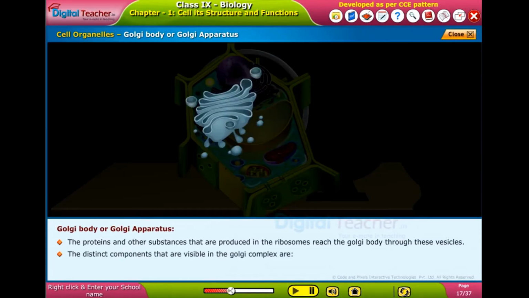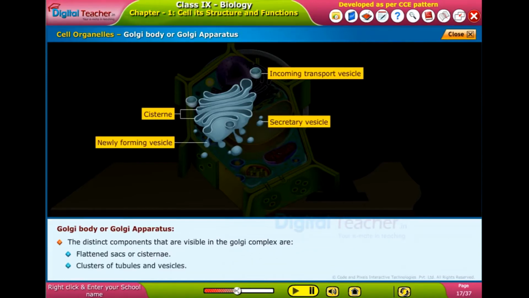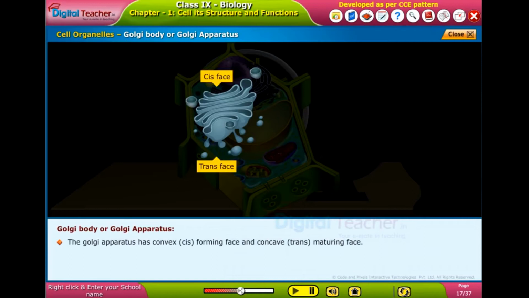The distinct components that are visible in the Golgi complex are flattened sacs or cisternae, clusters of tubules and vesicles, large vesicles or vacuoles. The Golgi apparatus has convex forming phase and concave maturing phase.